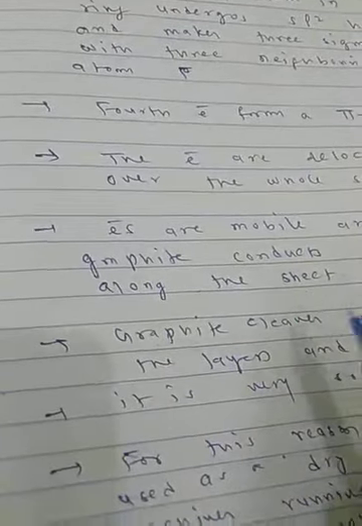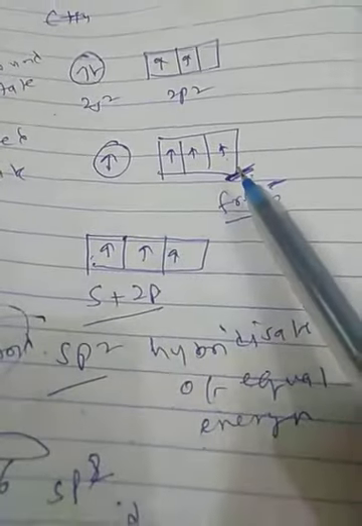You know that graphite is a good conductor and diamond is a bad conductor. So why? The reason is the unhybridized orbital electron. Electrons are mobile and so graphite conducts electricity along the sheet.